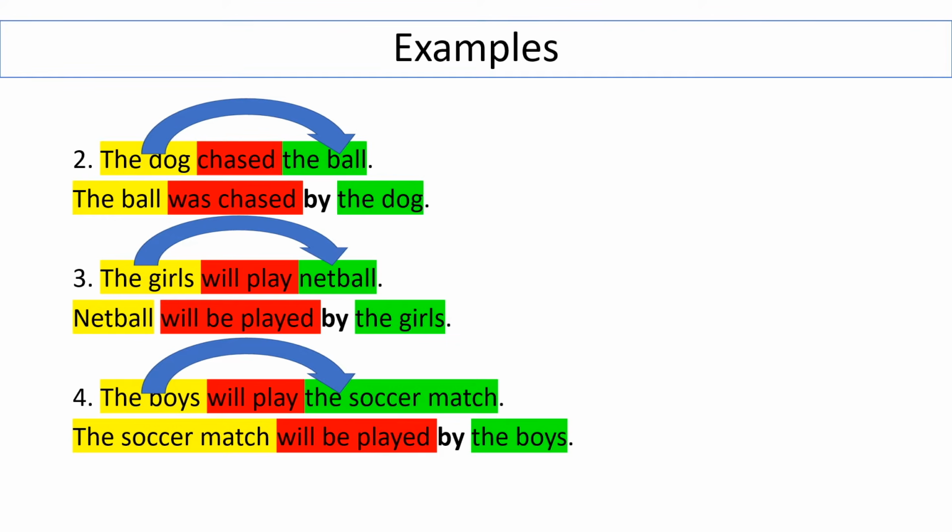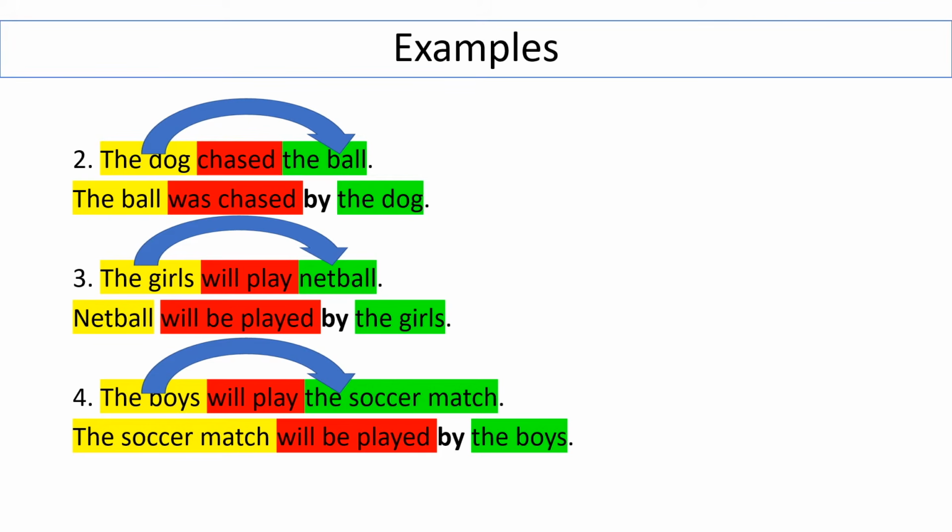Step 5, we need to add by. So the new sentence, or rather, the passive sentence will read, the ball was chased by. Then we need to end off with the subject from the active sentence, reading, the ball was chased by the dog. Number 3, the girls will play netball.